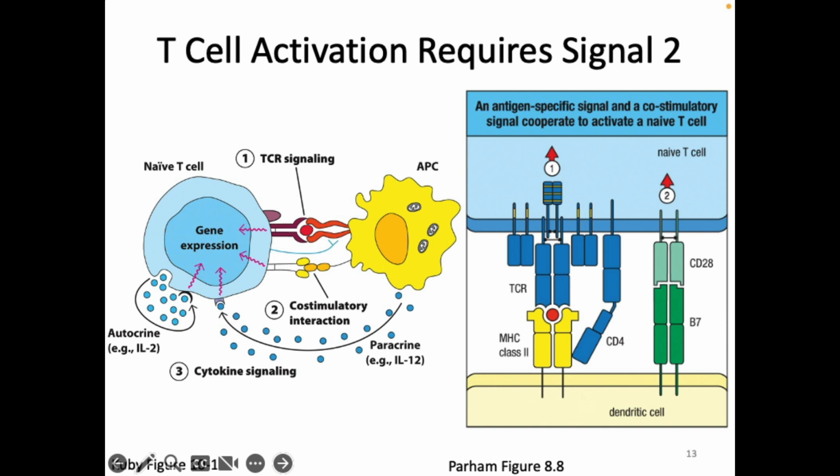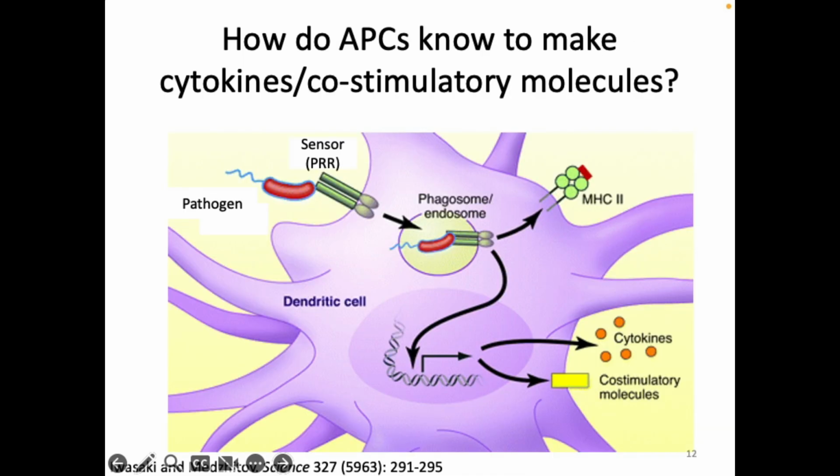The idea here is that when the cell gets a PRR signal, that's a signal to the cell there's a microbe around. There's something bad around. Sometimes people talk about this as a danger signal. There's danger. There's a microbe. There's something that's not supposed to be here around. So as the dendritic cell, I'm going to present whatever peptides I have, but I'm also going to tell you there was some danger around.